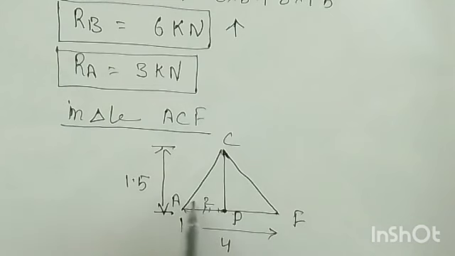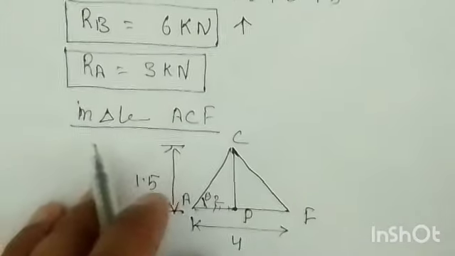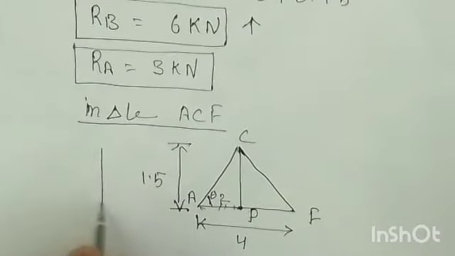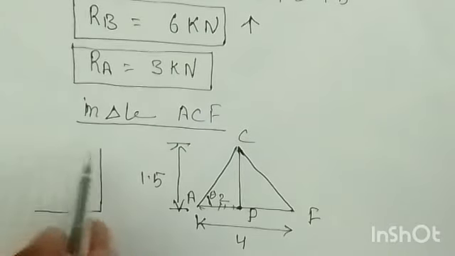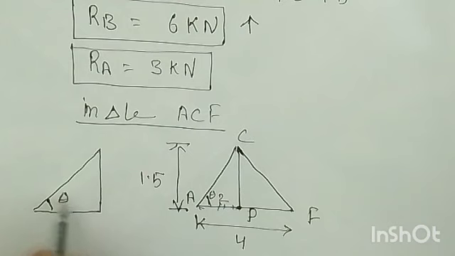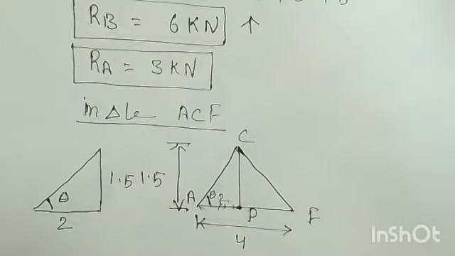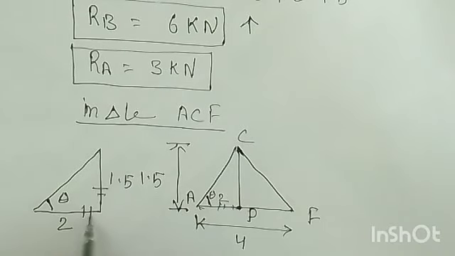Now if you need to find this angle theta, right? This angle theta is what? Again you got one triangle, and this angle theta we have considered. So this is 2, and this will be 1.5 because it is the height of the triangle, which is given in the question. So this is your opposite and this is the adjacent.